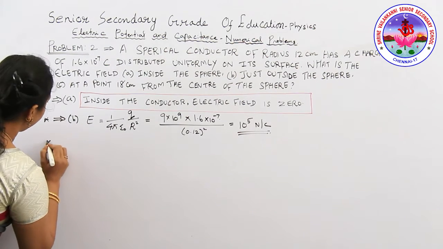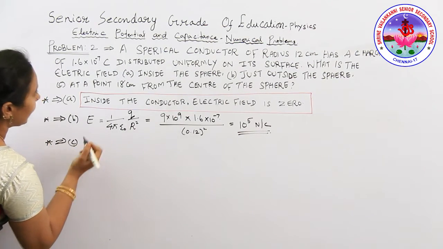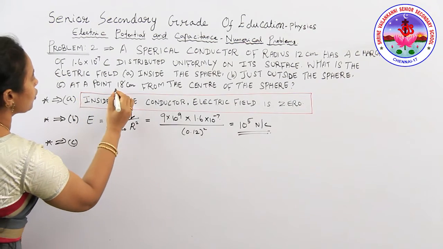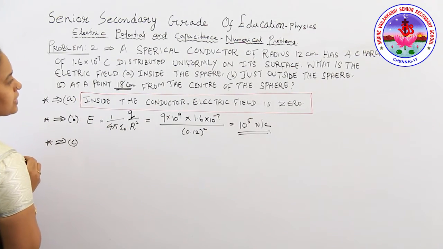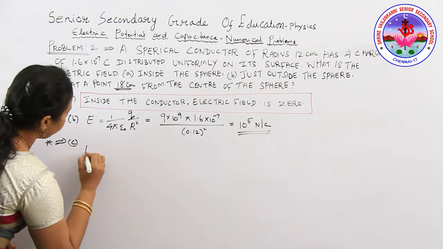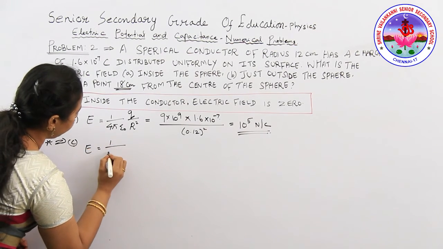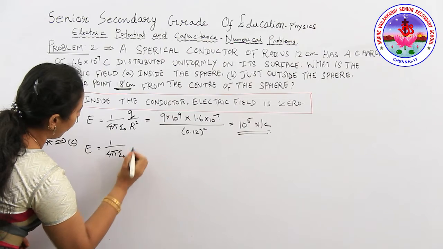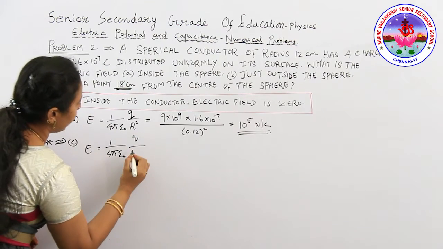And for part C, they have given a point at 18 centimeter from the center of the sphere. The formula I can write: E is equal to 1 by 4 pi epsilon naught Q by R square.